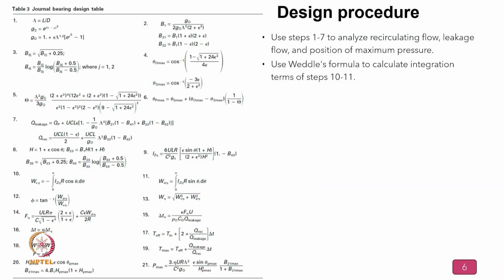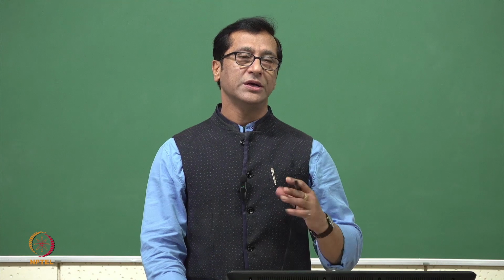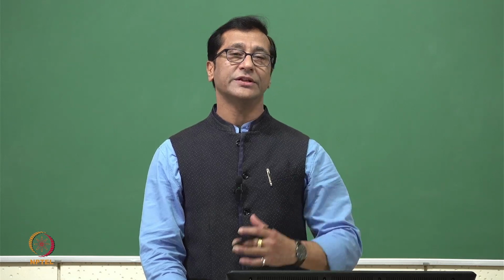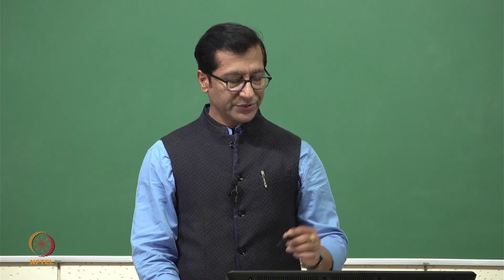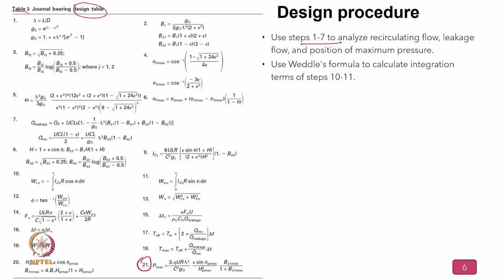And what is the design table? In the paper it has been given as Table 3, the design table. It has a total of 21 steps to simplify and rearrange in a manner so that we require minimum iteration. Steps 1 to 7 are basically required to calculate how much flow is really required, how much will be the leakage, and what will be the location of maximum pressure.